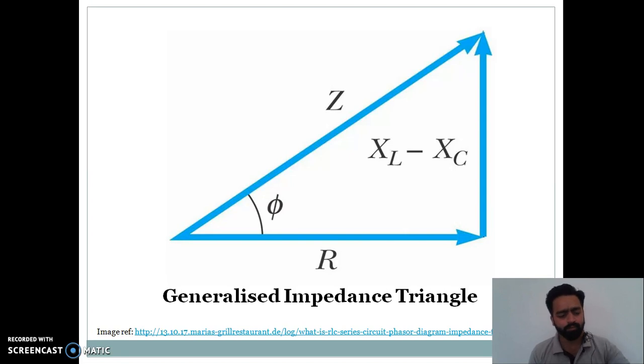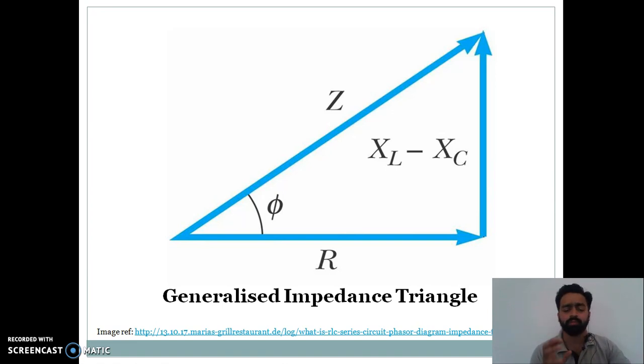So for a complex parameter, the triangle, as you can see, has resistance along the x-axis, the perpendicular component is reactance, and the hypotenuse is impedance. The angle made by impedance with resistance is called the phase angle phi, and the cosine of this phase angle phi is called the power factor.